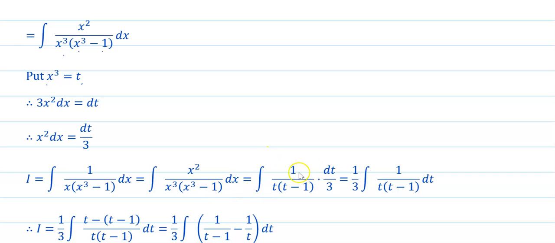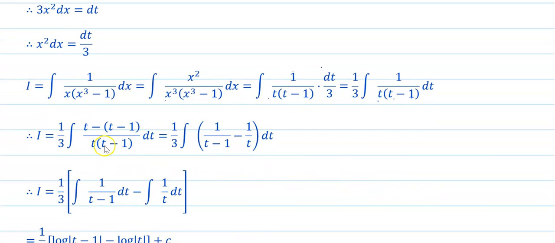X square into dx is dt by 3, and x cube is t. Take 1 by 3 outside the integral sign: integral 1 upon t into bracket t minus 1 into dt.